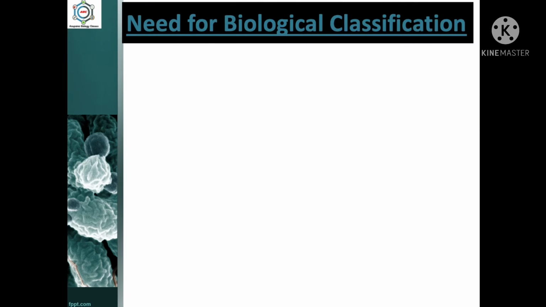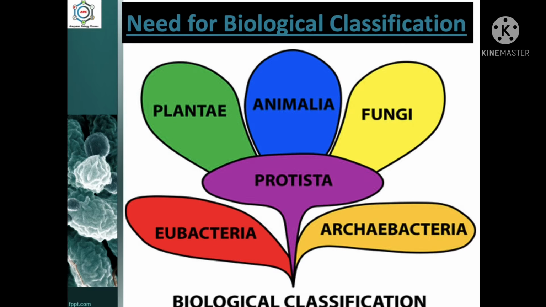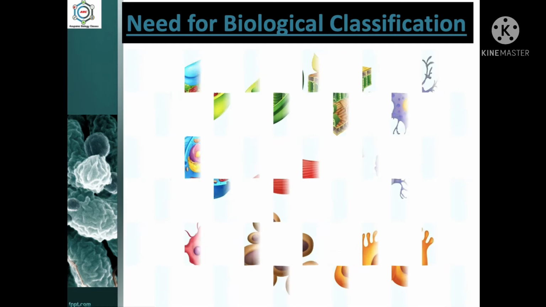Now, what is the need for biological classification? So, what would you do if you were asked to pick up a particular coin from a heap of several hundred coins belonging to many countries? You would probably first sort out the coins country-wise. By doing this, you would have many smaller heaps.